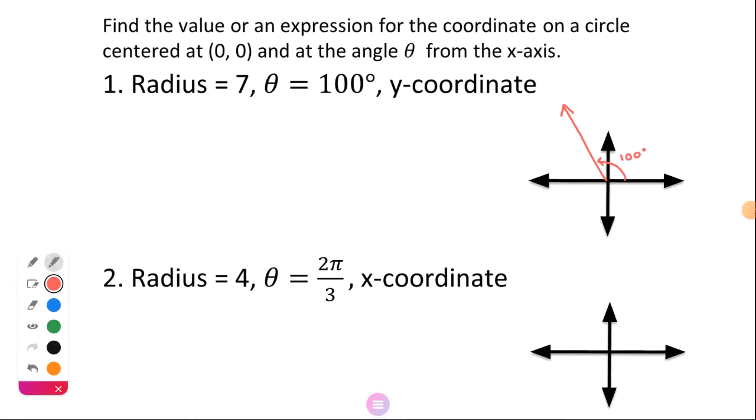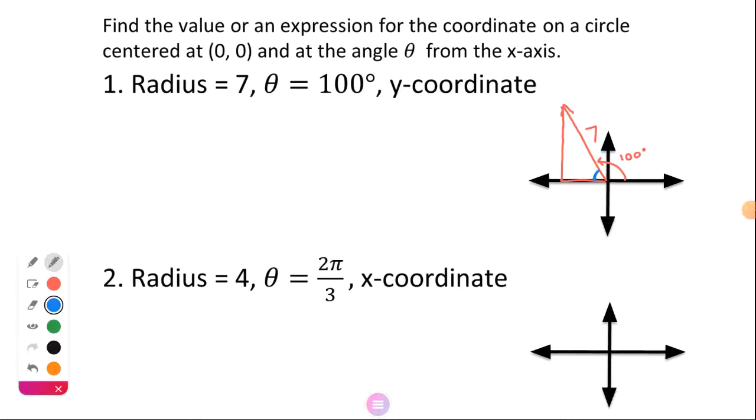And we're going to create a triangle from this. So we know that the radius, or the length, is going to be 7. And the triangle that we're looking at will always refer back to the x-axis. So this right here would be our triangle. In order to use this triangle, we need to know what our reference angle is, this little angle here in the corner.